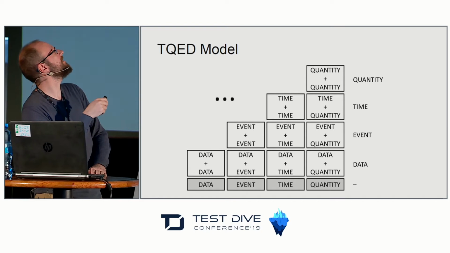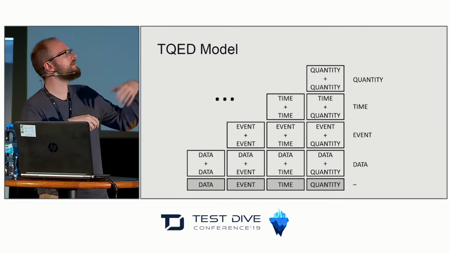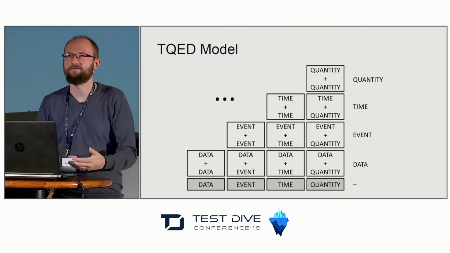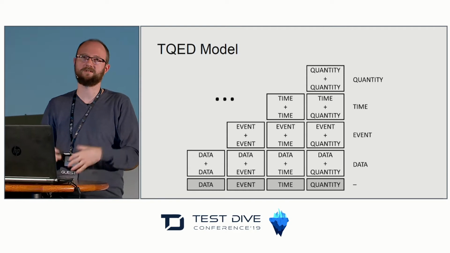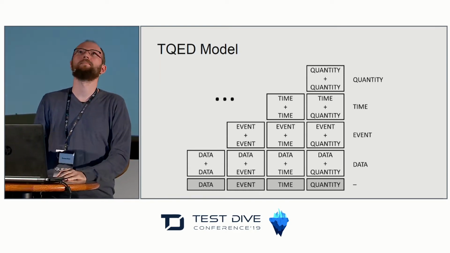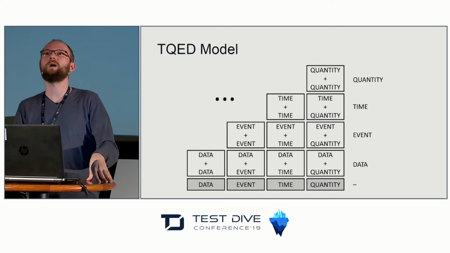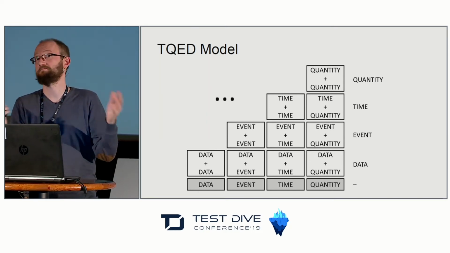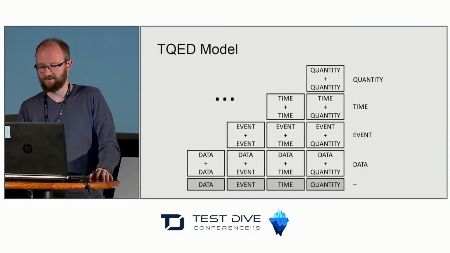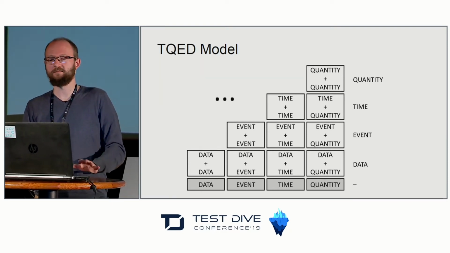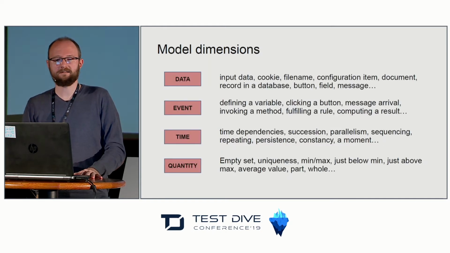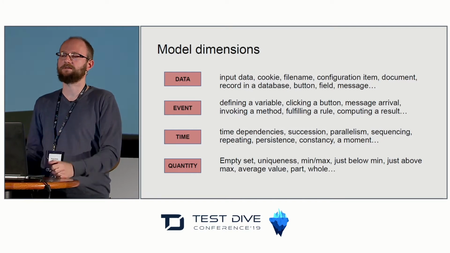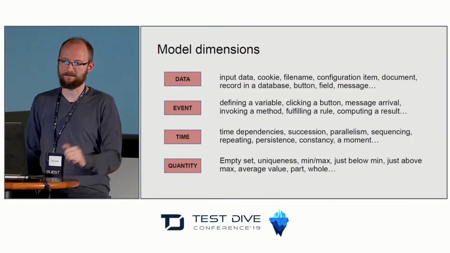These three dots mean that we can create these combinations more and more complicated, so we can involve three of these dimensions, 4, 5, and so on and so on. So, for example, we can model something as the combination of one data with another data, with one event, with some quantity, and with some time. This may be probably some very complicated event.